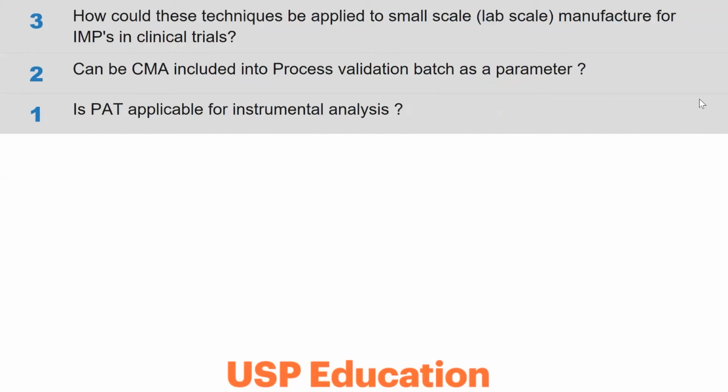Can critical material attributes be included into process validation batch as a parameter? You know, one of the big things that has come out of the push for continuous manufacturing is that we're seeing a lot of companies developing databases of critical material attributes so that they could easily substitute one for another.